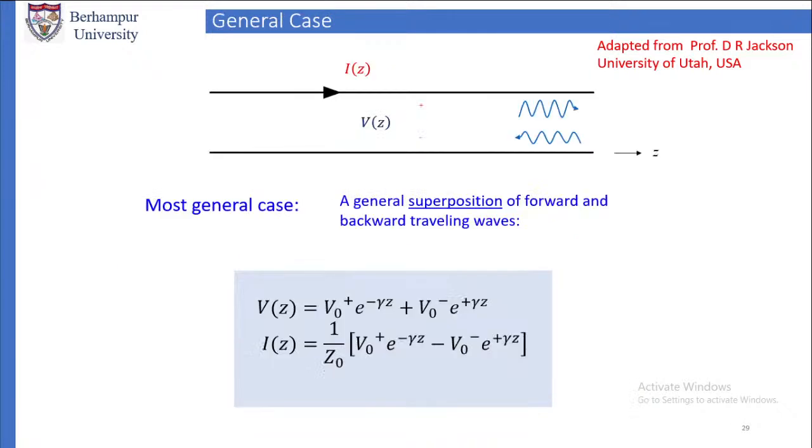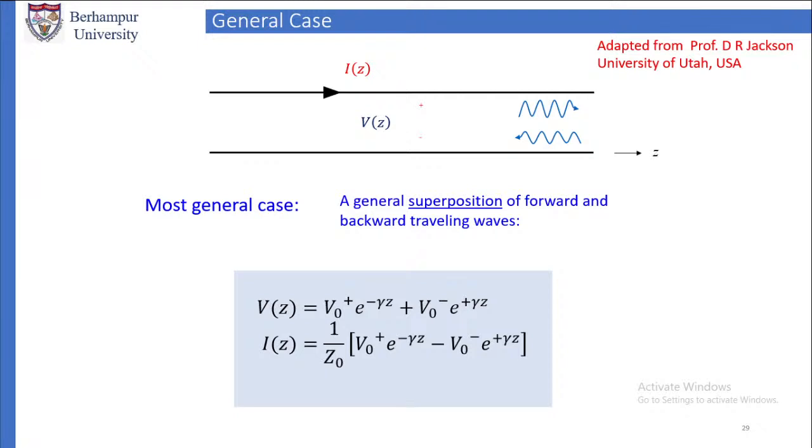Then consider the second term. Second term is I0 minus. From where you will get I0 minus, you know Z0 is equal to minus V0 minus by I0 minus, from which you can say I0 minus is equal to minus V0 minus by Z0. If you put that, then minus V0 minus by Z0 is equal to I0 minus.